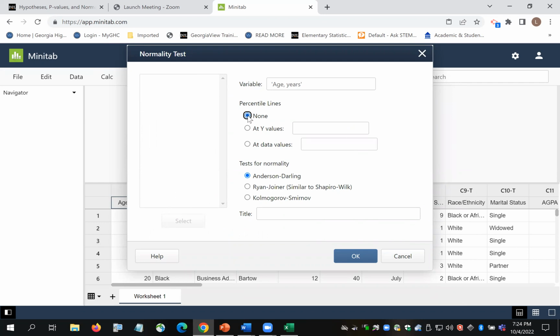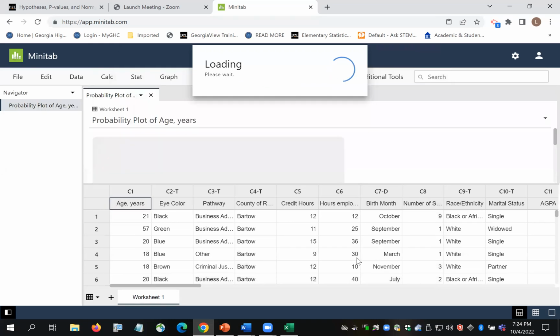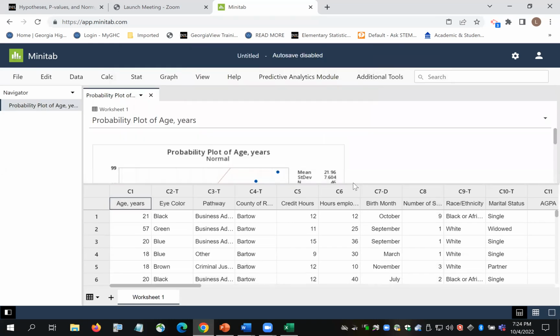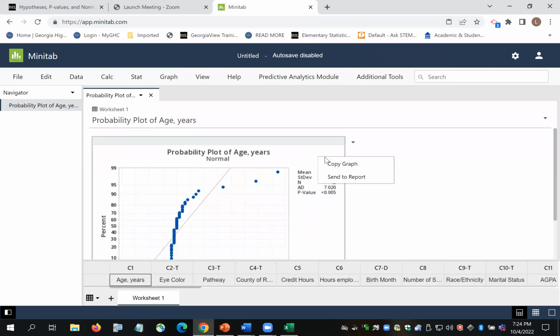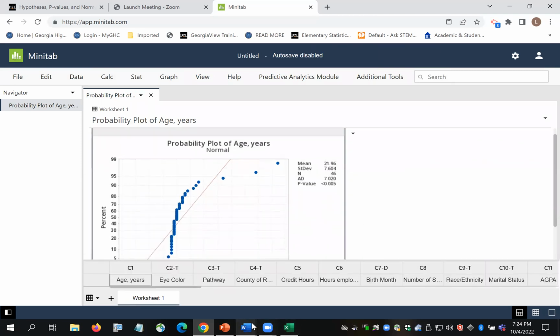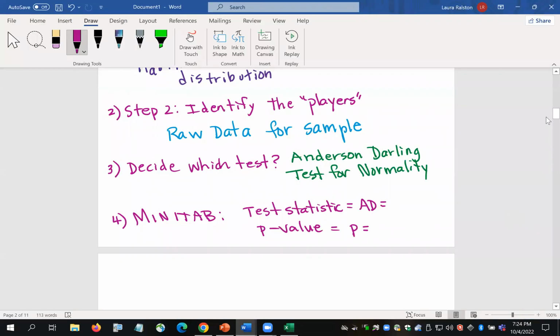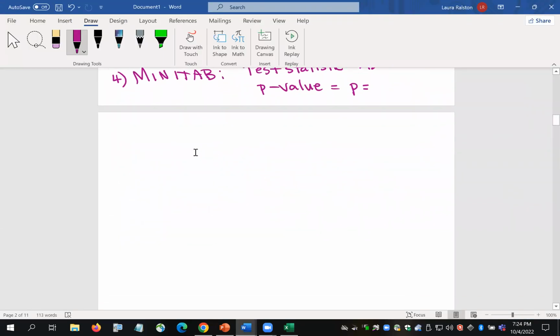That's the default. Test for normality, we want the Anderson-Darling. And then we click OK. And it comes up in graph form. Okay, so I'm going to copy this over to my paper so we can talk about it.